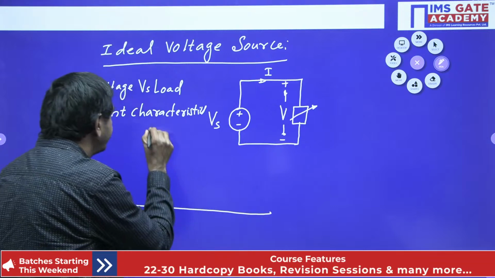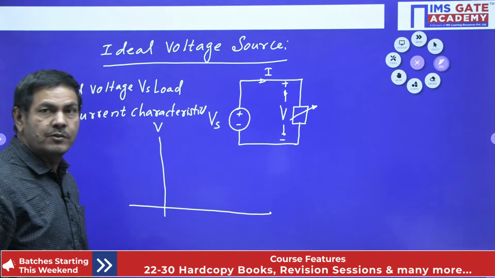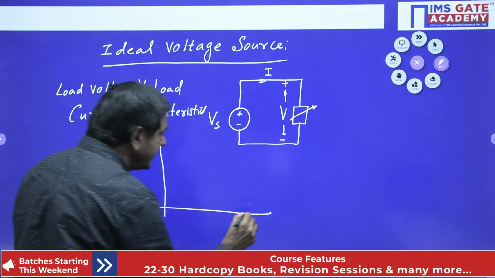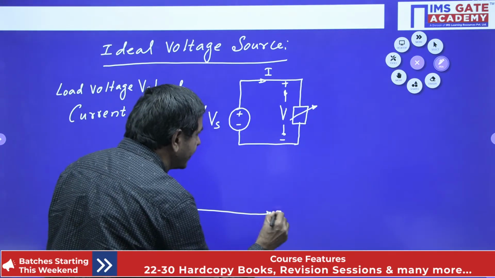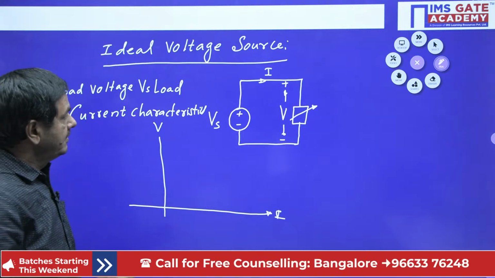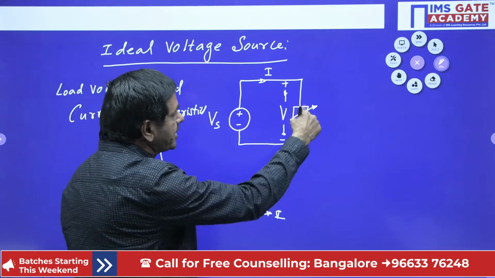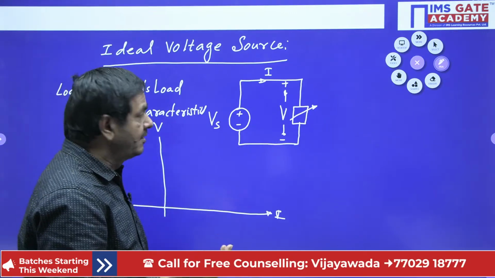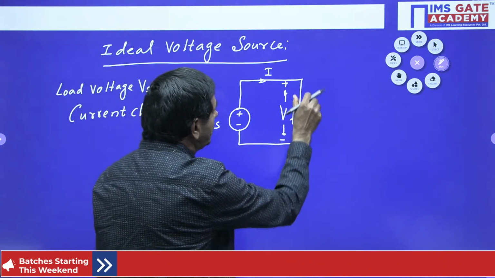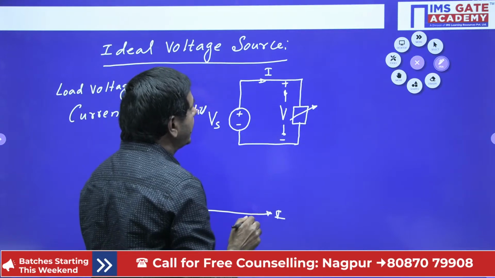Y-axis I have taken as V. That V is nothing but the load voltage, we know very well. The x-axis I want to take as the load current. Now try to change the load from lower value to higher value. When the load is varied, what is going to happen?